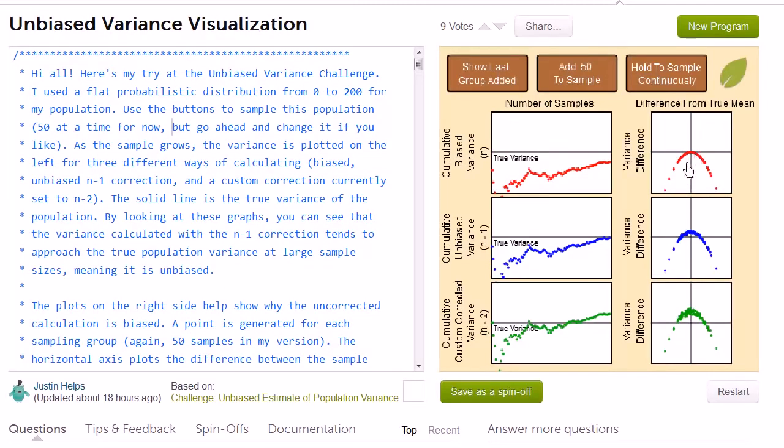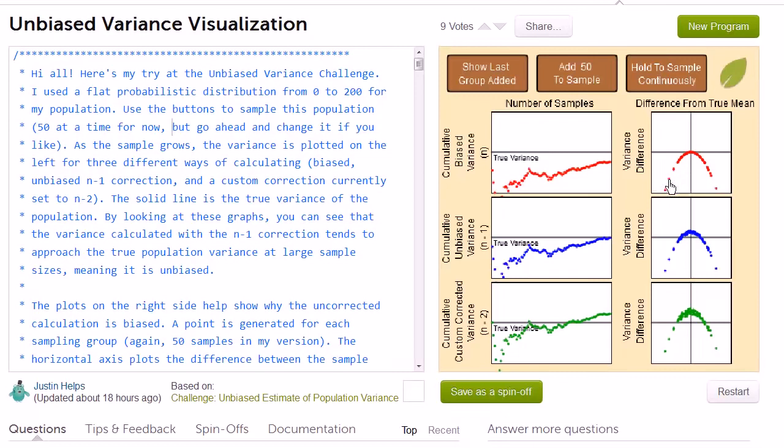In the vertical axis, using this denominator, dividing by n, we calculate two different variances. For one variance, we use the sample mean. For the other variance, we use the population mean. And in the vertical axis, we compare the difference between the variance calculated with the sample mean versus the variance calculated with the population mean.